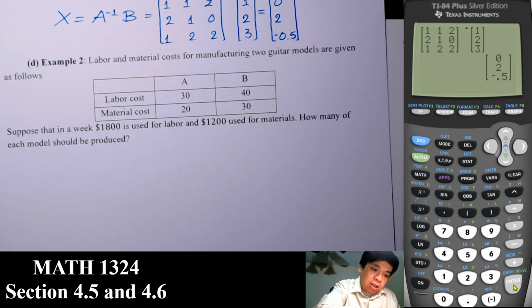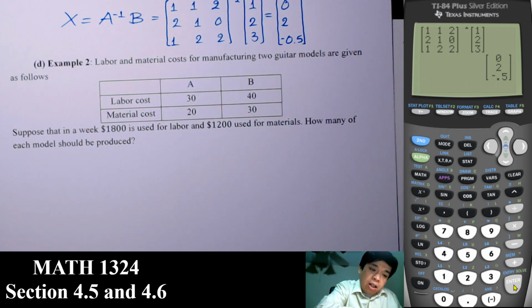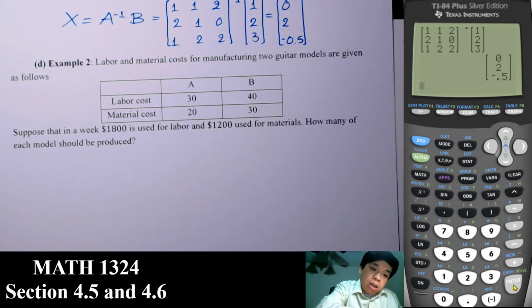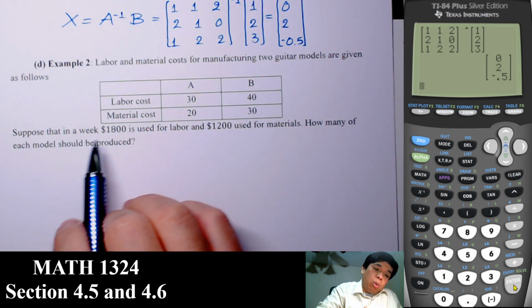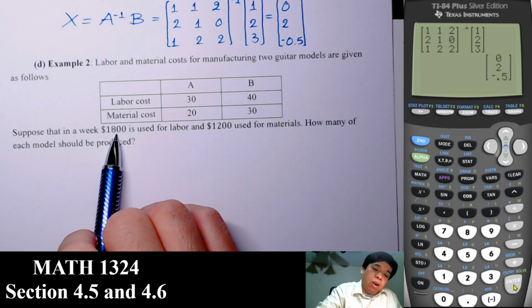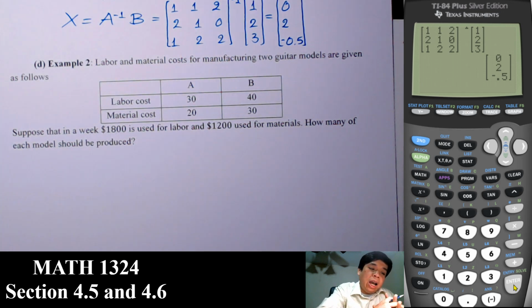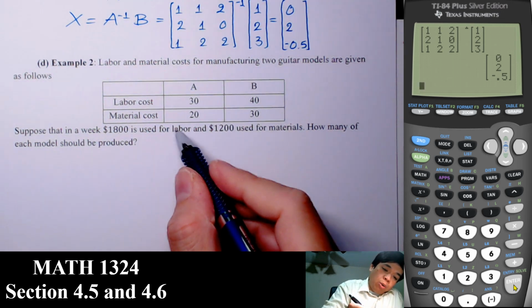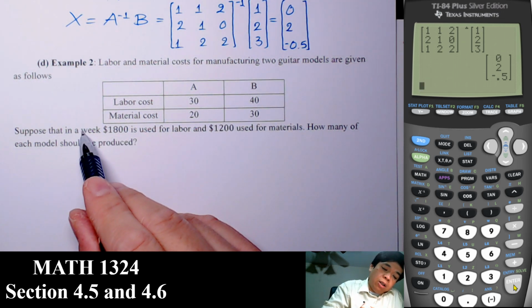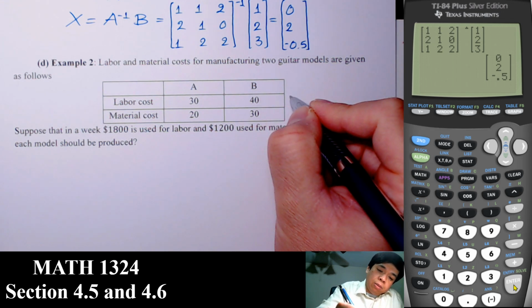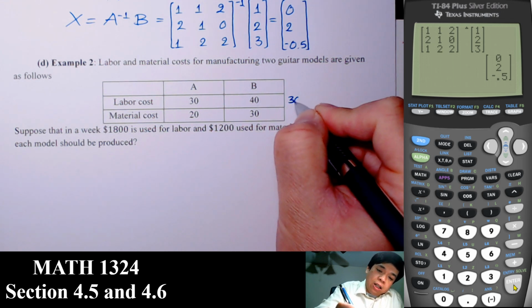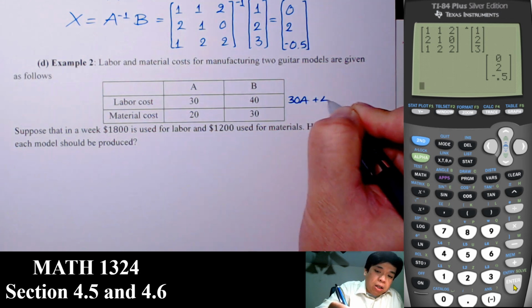Now let's look at this application. Labor and material costs for manufacturing two guitars, A and B, are given by this. Suppose that in a week we have 1800 used for labor and 1200 for material. How many of each should be produced? So the total labor cost is 1800. In that case we have 30A plus 40B.